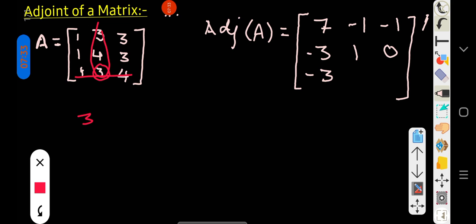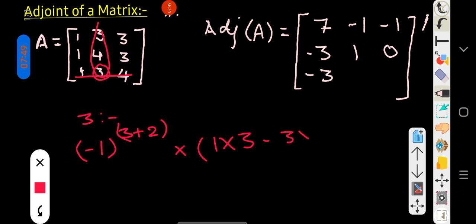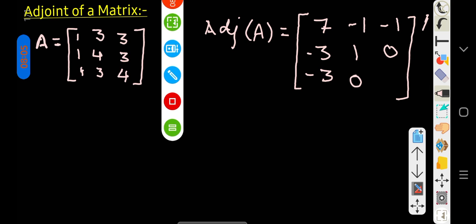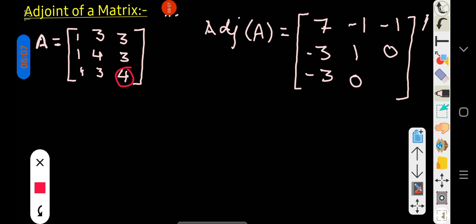So for the cofactor of 3, we will write minus 1 raised to the power third row second column, multiplied by 1 times 3 minus 3 times 1, which equals minus 1 times 0, which is 0 again. So it's 0.